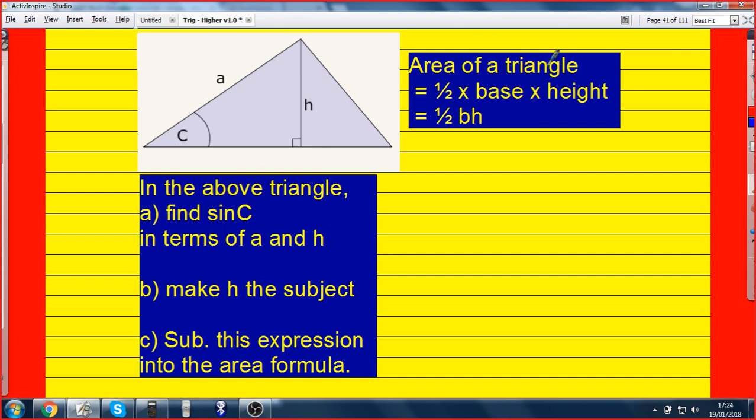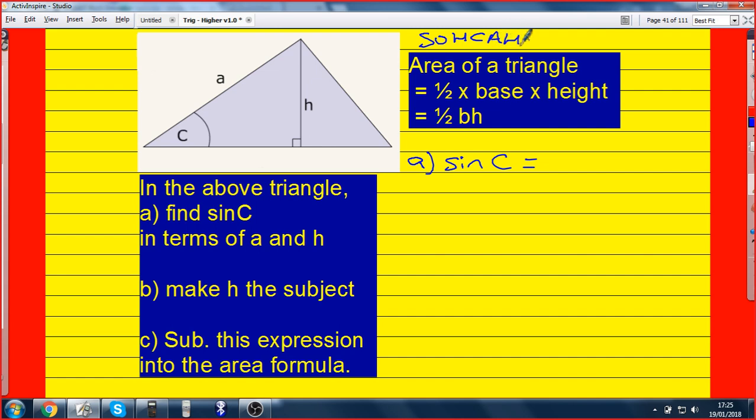Okay, area of a triangle is a half times base times height. In this triangle up here, what is sine C in terms of A and H? So in the left triangle, what is sine C in terms of A and H? Would you need to do the calculation for sine first?